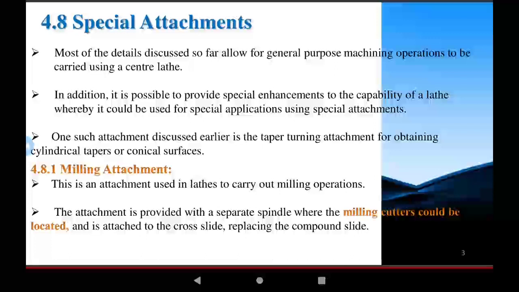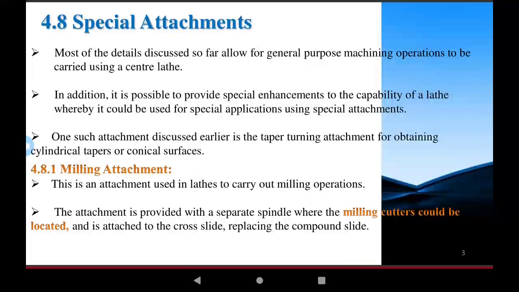Special purpose machines are required for special manufacturing operations with the help of the center machine.